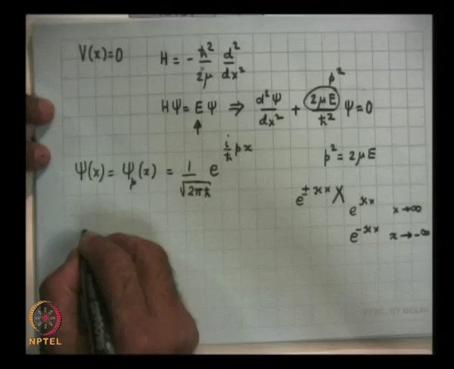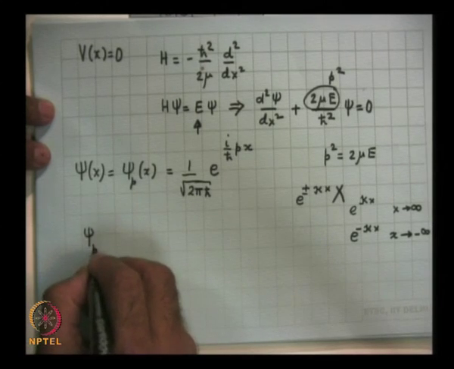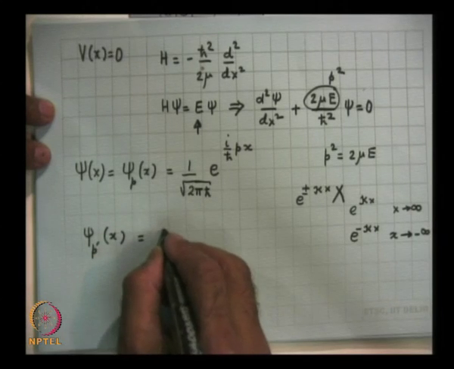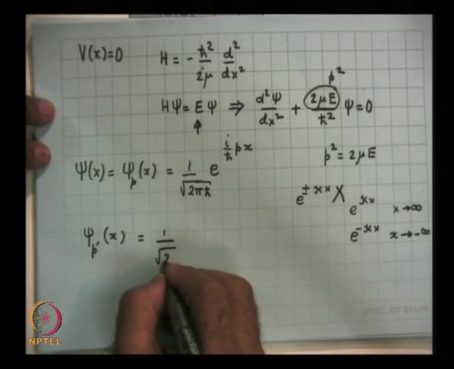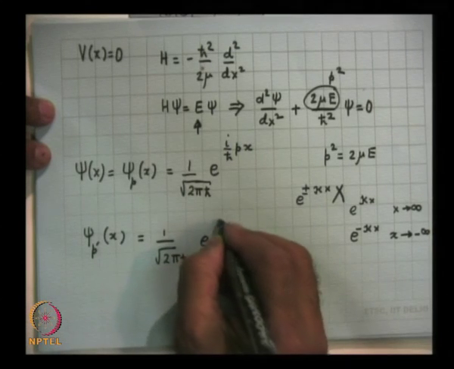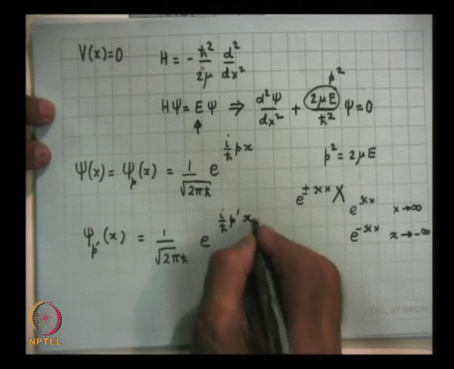So, if you work this out, then I can write down that psi p prime of x will be equal to 1 by root 2 pi h cross e to the power of i by h cross p prime x. Please see this.